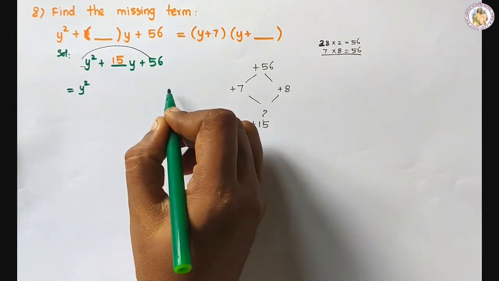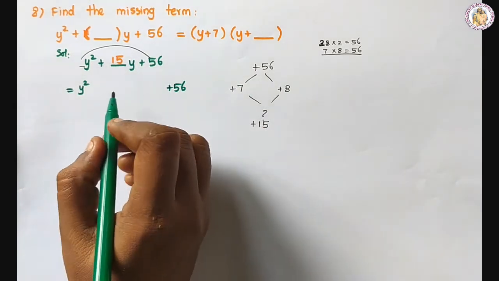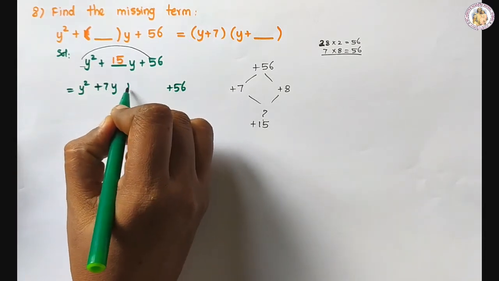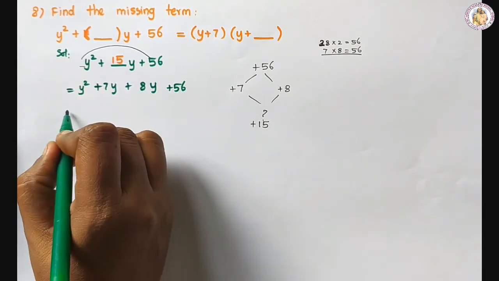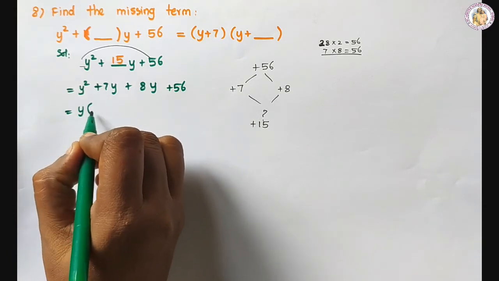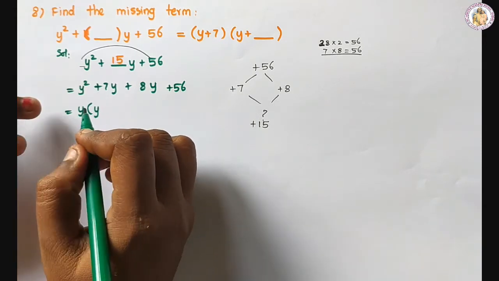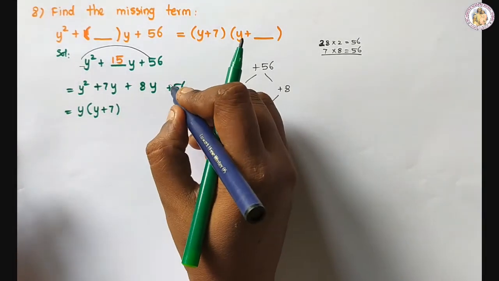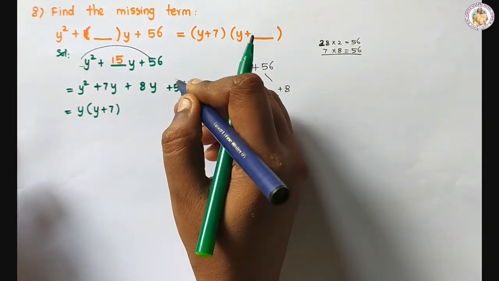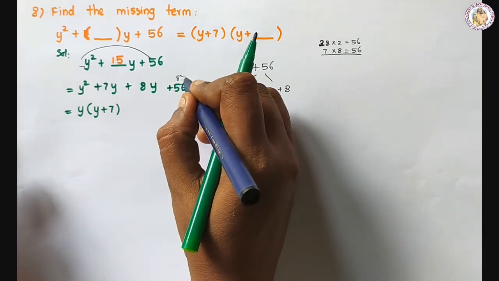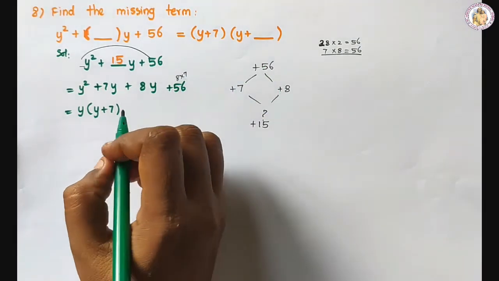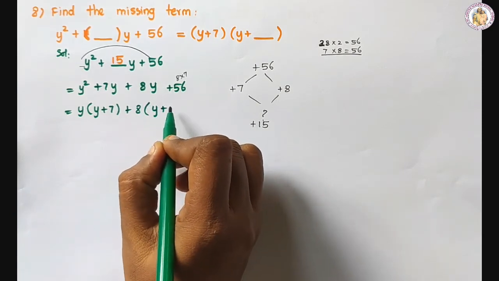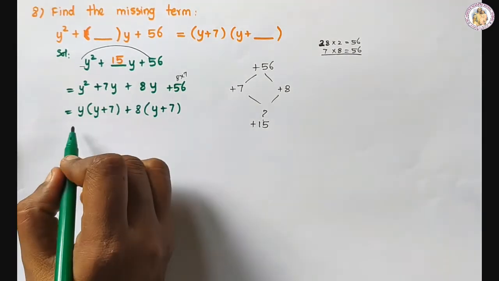Next step, y square and 56 as it is, write down, and 15y is split into 7y plus 8y. Here y is common, so taken out as common, y plus 7. 56 can be written as 8 into 7. Here 8 is common, so taken out, y plus 7 is remaining here.